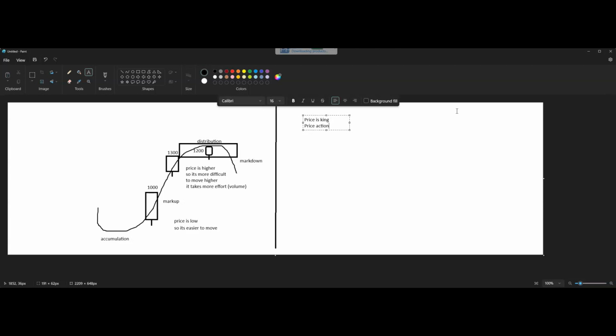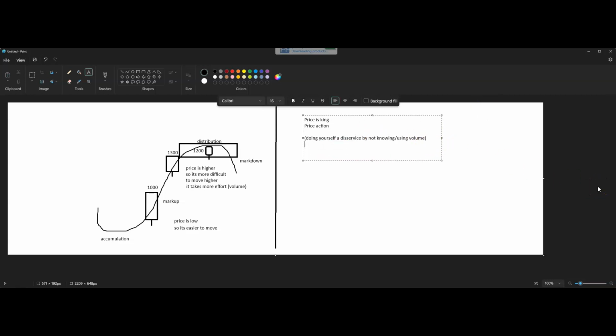This belief, price is king and all that matters is price action, you're doing yourself a major, major disservice.